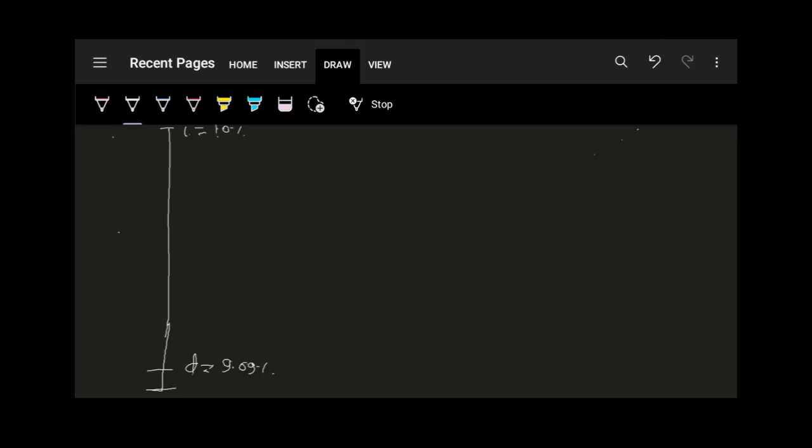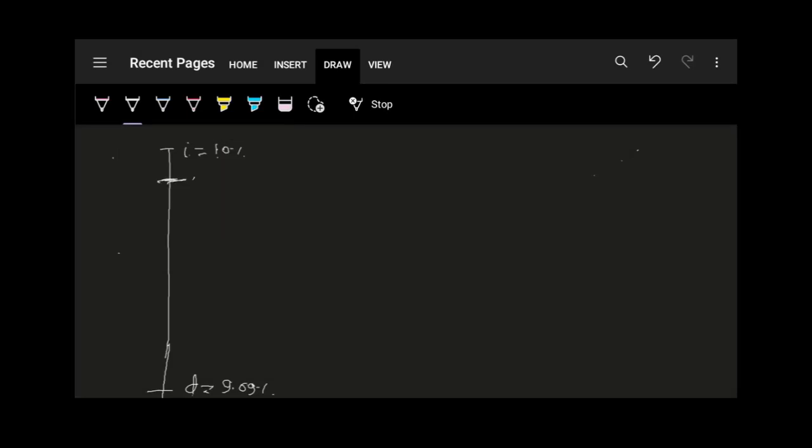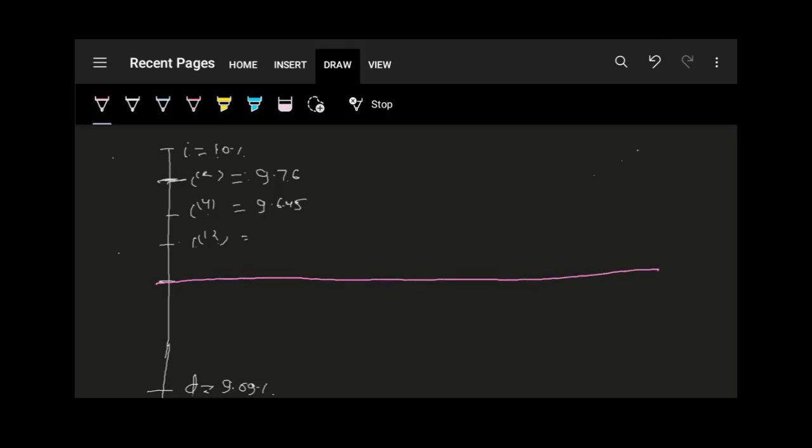And we know that I2 will be less than I, so it will come around here. I2 will be 9.76%. Similarly, we will get I4, which will be something less than 9.76, around 9.645. Then I12, and then we'll get around this line. This line will be delta.